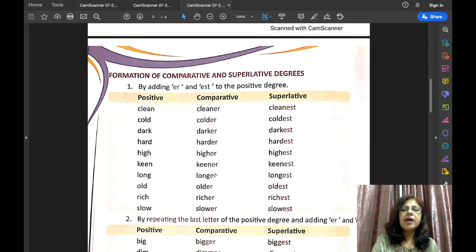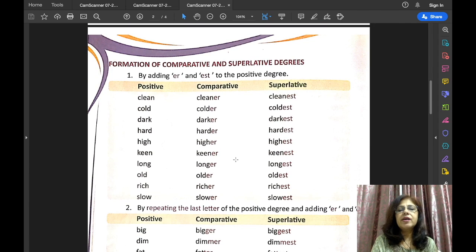Formation of comparative and superlative degrees. So, how do we make comparative degree and superlative degree? It's very simple. Here these are positive degrees, comparative degrees, and here superlative degrees are written. Clean, cleaner, cleanest.